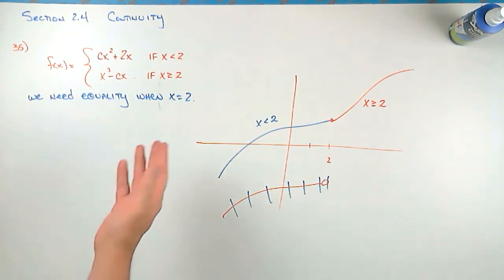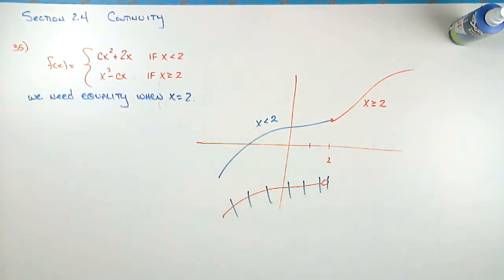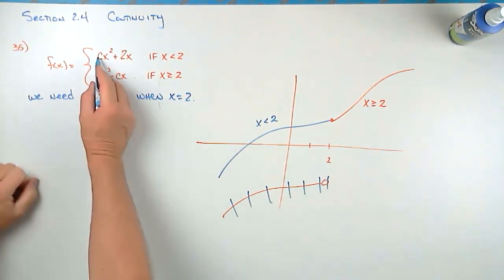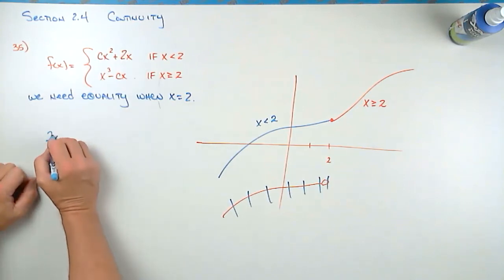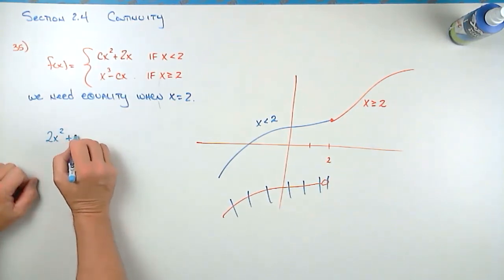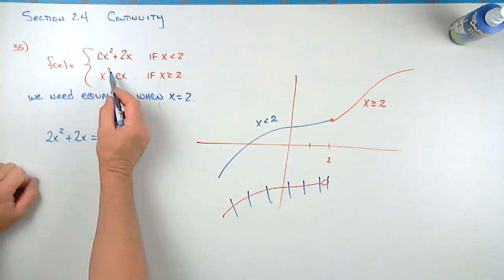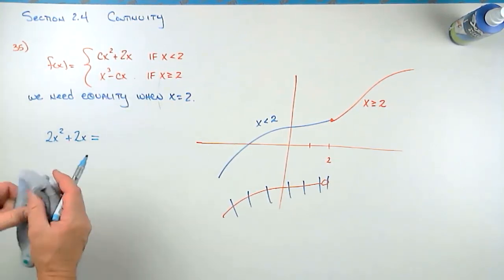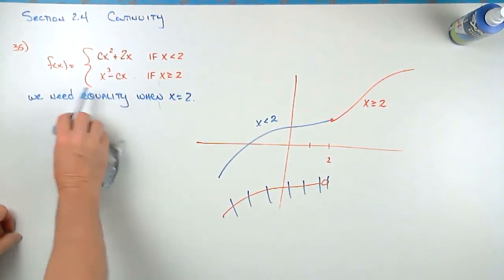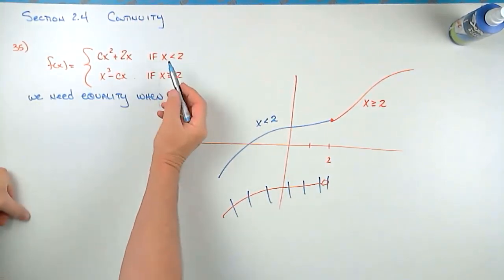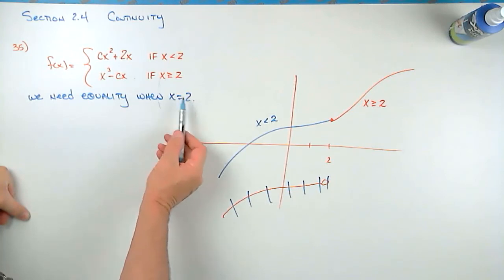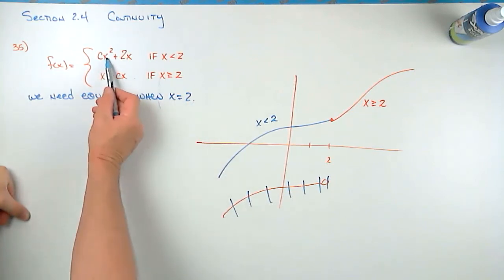So what are we going to do? Well, we're going to plug in 2 and make them equal to each other. If I plug in 2 here, I get c x squared plus 2x. I need that to be equal to, what do I get when I plug in? Wow, that is wrong. X is 2, right? So I'm going to put a 2 there, pardon me.